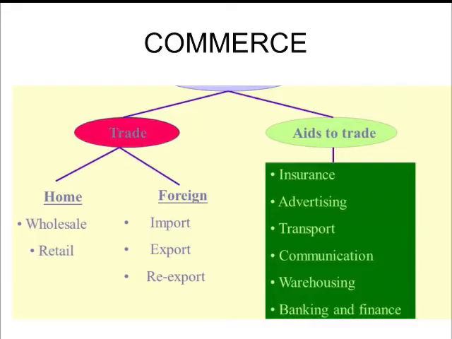Under the home trade or the local trade, we'll look at the wholesale and the retail. Under the foreign or the international trade, we'll look at the import, the export, and the re-export. The re-export can also be known as the interport. When we look at the aids to trade, we'll look at the insurance, the advertising, the transport, the communication, warehousing, banking, and finance.